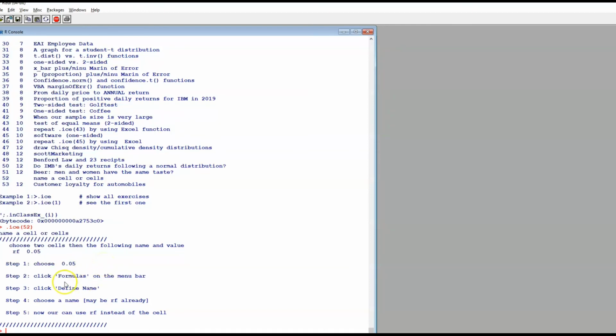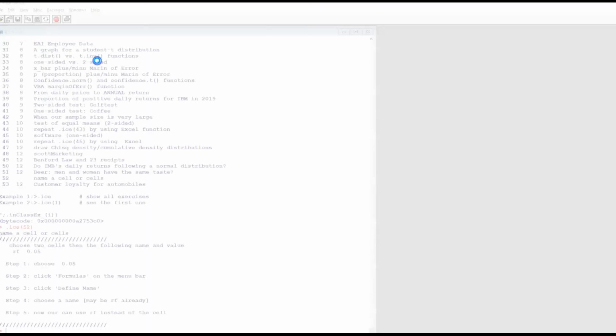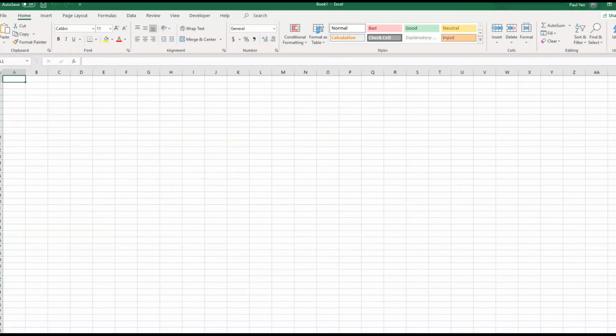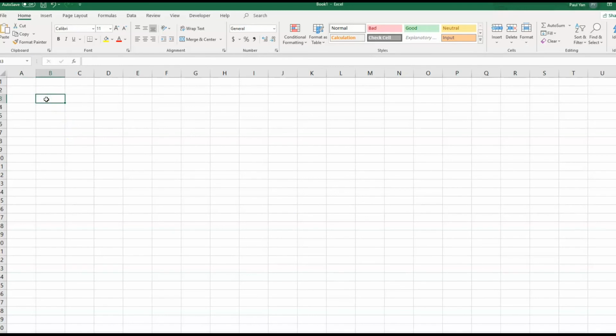Okay, the second method is we click formula on the menu bar, define name. I'm going to show you how to do it. Suppose we randomly pick up a cell and we enter 1%.